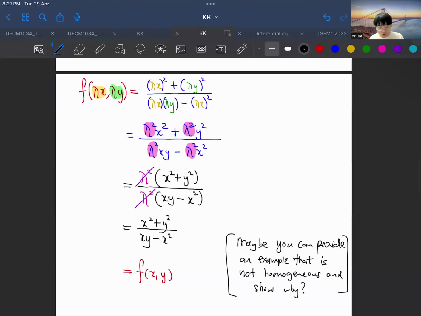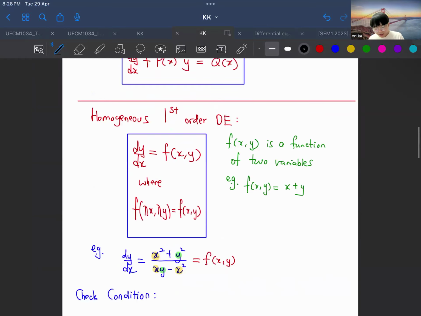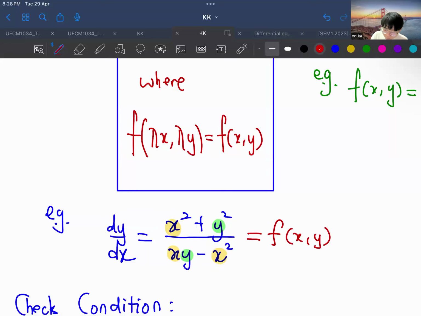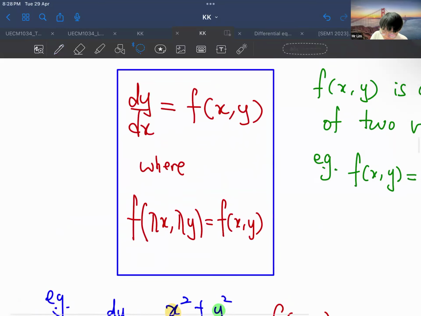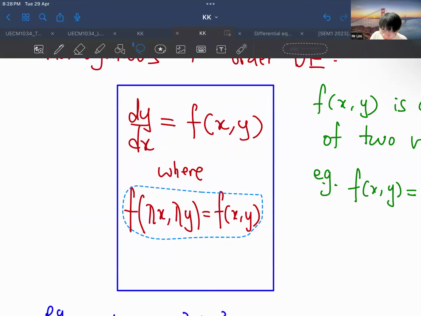Okay, so are you so far okay with this very simple example? I just want to make sure that every one of you can understand this basic example. Later we will go through one more example. Actually, there's one thing I forgot to write. This one is a format. This one is the conditions.